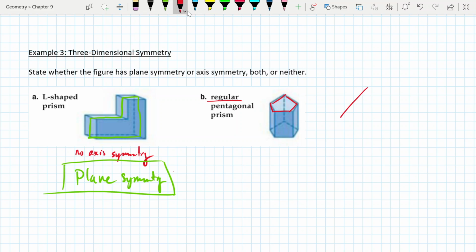If it was any prism where maybe one set of sides is longer than the other, it doesn't work. But because it's regular, and that means all five of the sides are the same length, then it should match up on itself. So here I'm going to say axis symmetry.